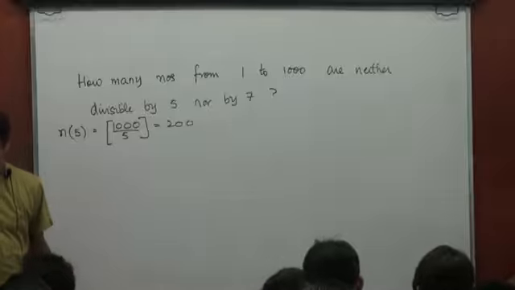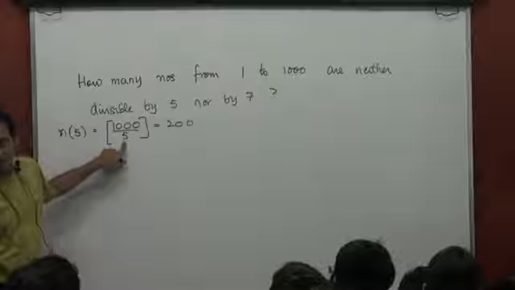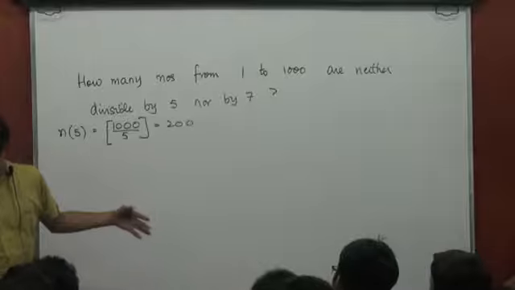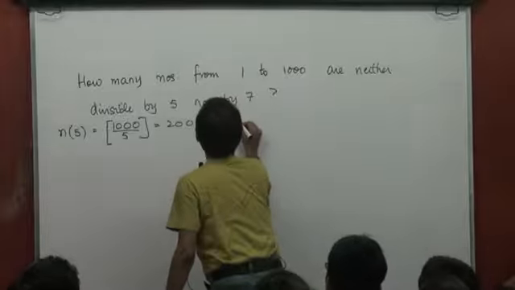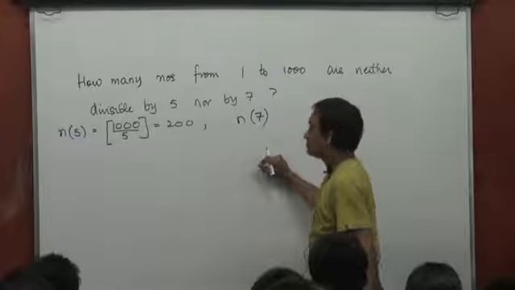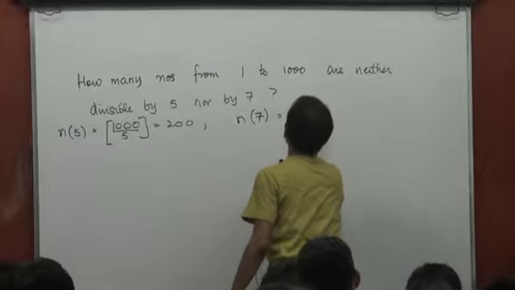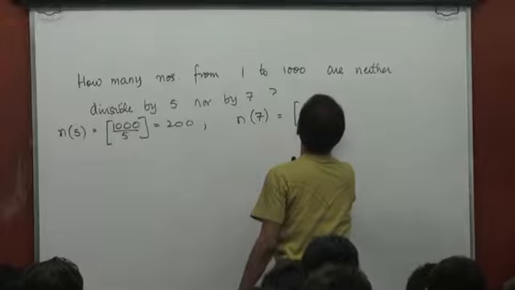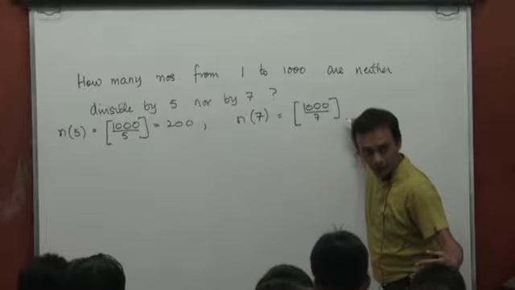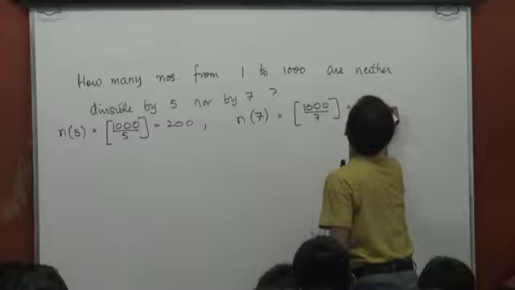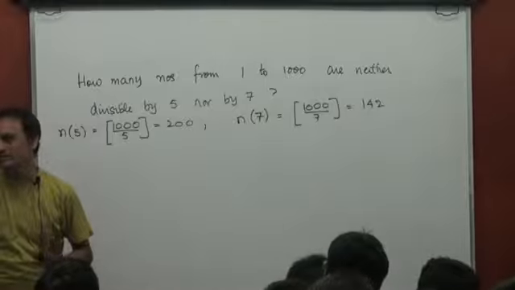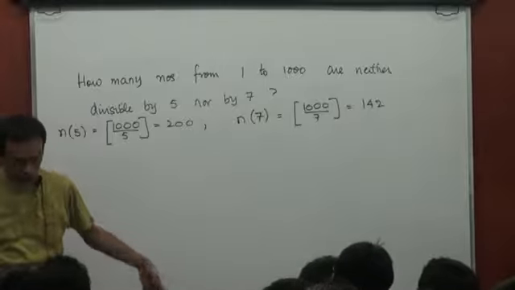Number of numbers that are divisible by 7 is going to be the integer part of 1000 by 7. I hope all of you understand this. So that's going to be 142. The integer part is going to be 142. Right?